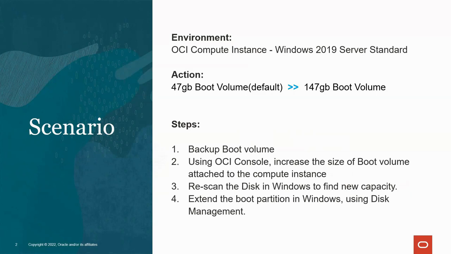You want to increase that capacity from 47 GB to 147 GB, meaning you want to add another 100 GB. You can do that in OCI.